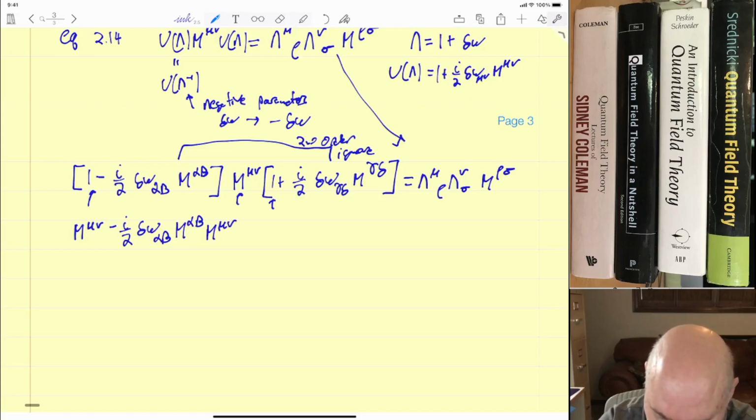Once again, for the parameters we don't care what order we put them in, but for the operators we have to keep the order. Then I have plus i over 2 delta omega gamma delta M mu nu M gamma delta.